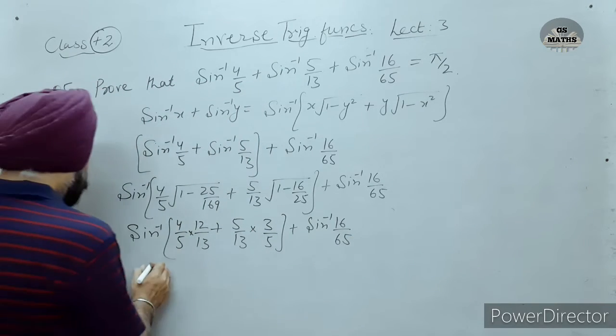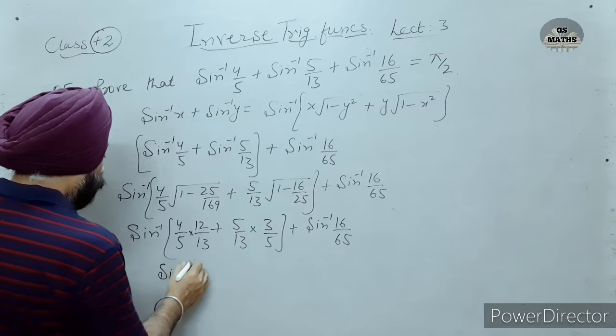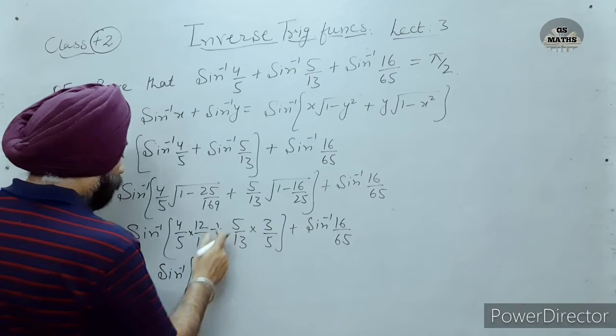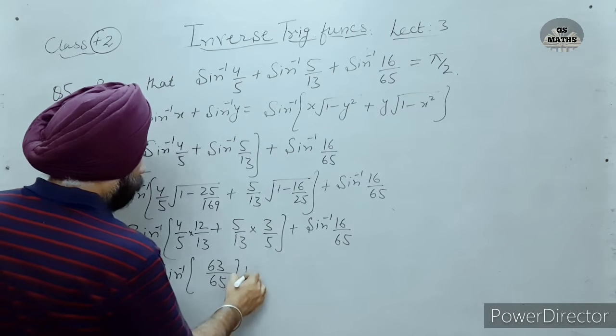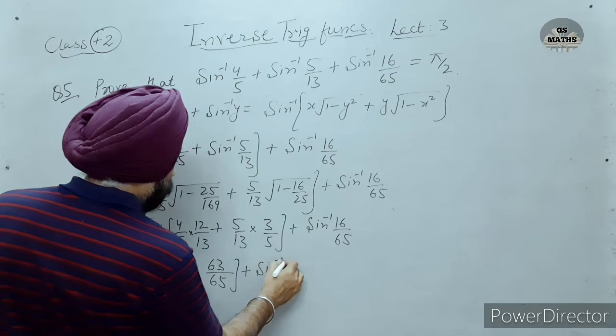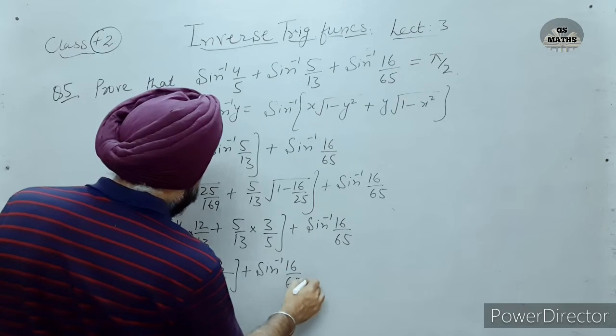Just solve it. I get sine inverse of 48 plus 15, 63 by 65, plus sine inverse 16 by 65.